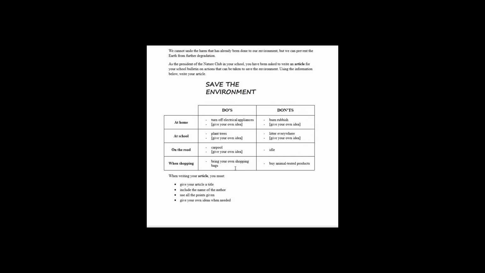Everything here you must use, including your own idea. Give your own ideas when needed, but I strongly suggest you use everything here because it's already stated, and make sure that you fulfill all these tasks, and you will get 35 marks.